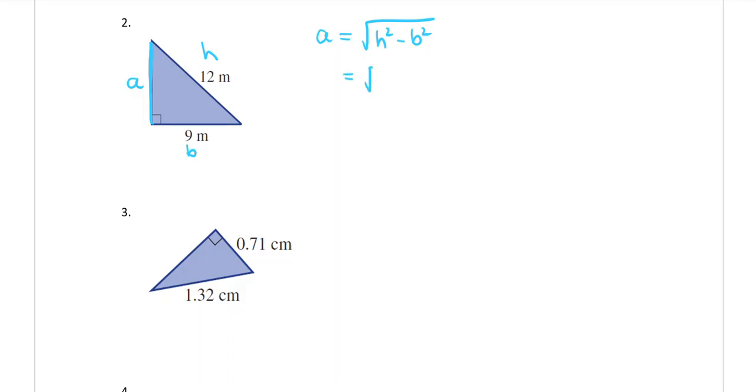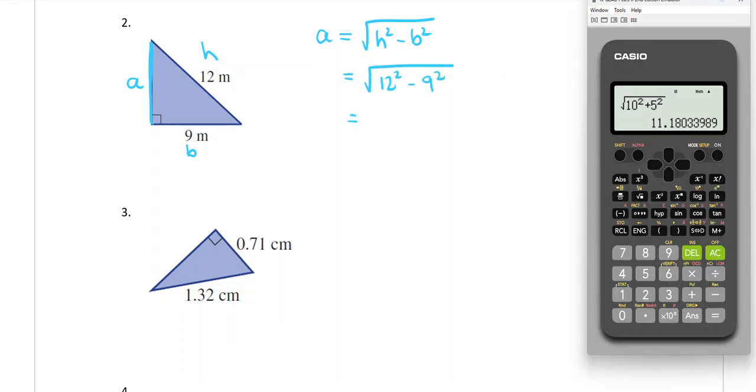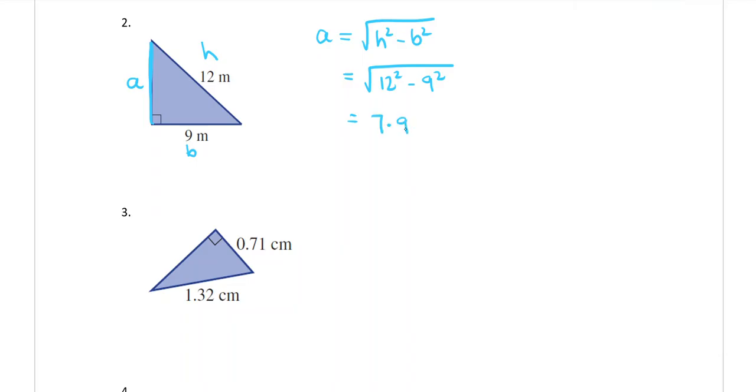Subbing in, we get the square root of 12 squared minus 9 squared. Putting that in our calculator, 12 squared minus 9 squared is 7.9 rounded to one decimal place, and that's in meters.